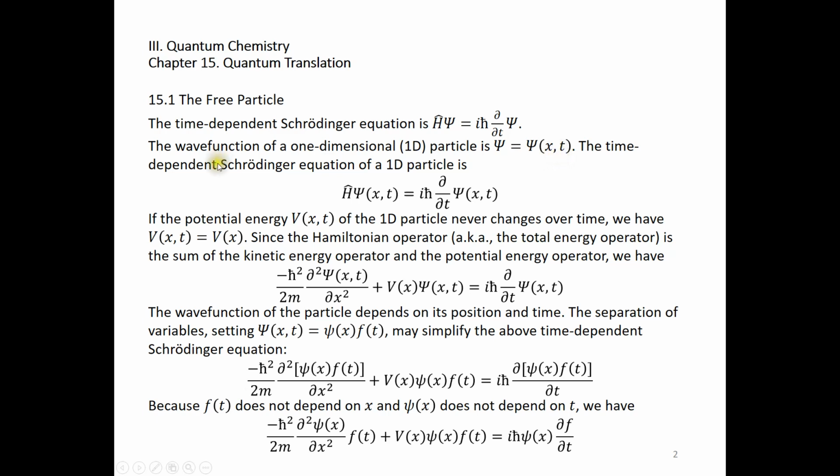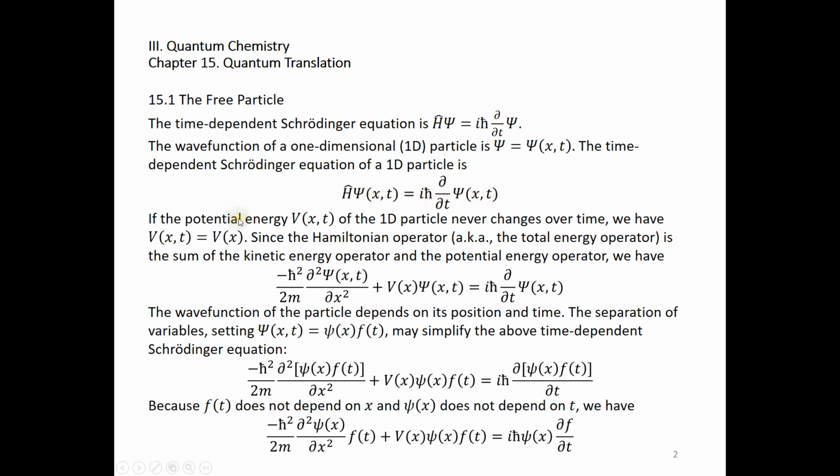The time-dependent Schrödinger equation of a one-particle system is therefore Hψ(x,t) equals iħ ∂ψ/∂t. Again, this ψ is a function of the position x and time t.